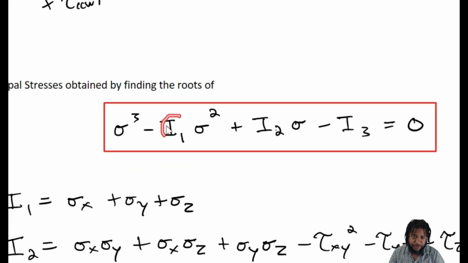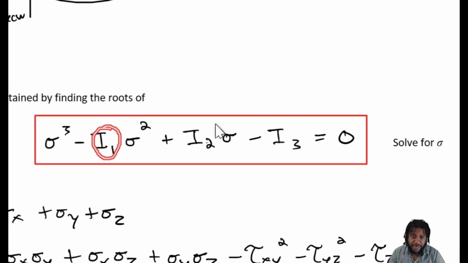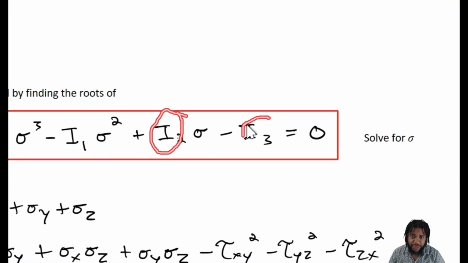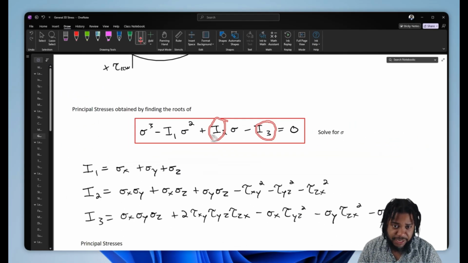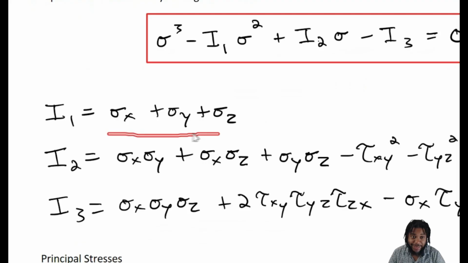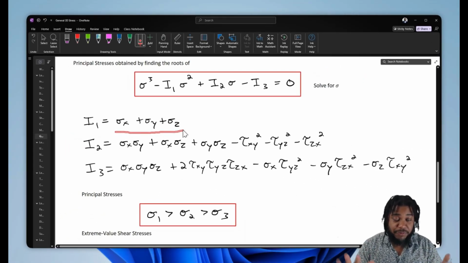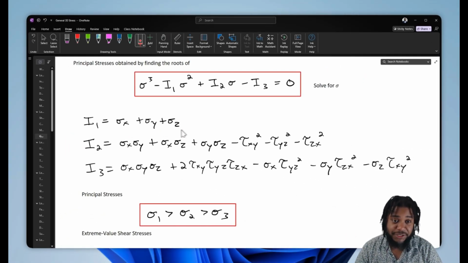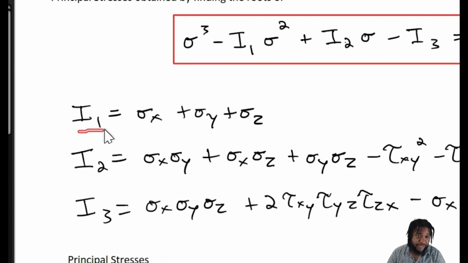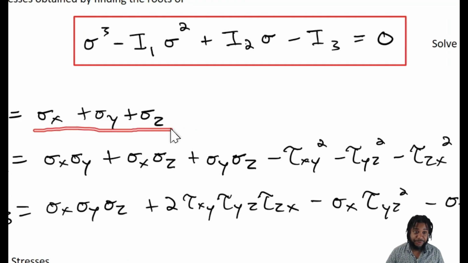Inside this polynomial are 3 identities: identity 1, identity 2, and identity 3. And these identities are calculations from our basic stress tensor, where, for example, identity 1 is just our normal stresses added together.